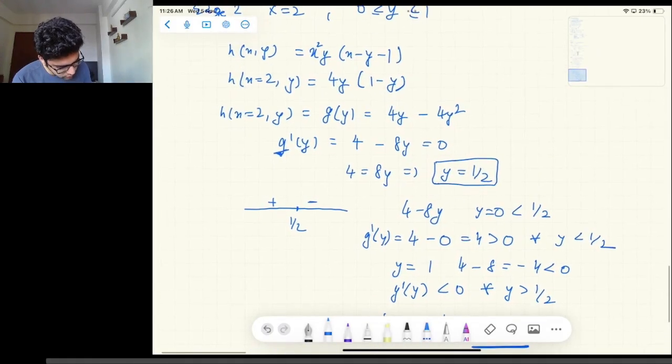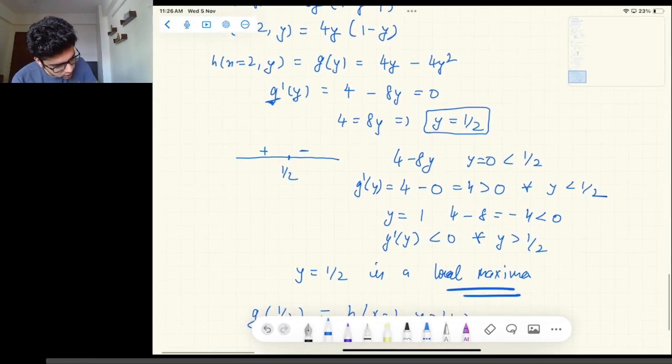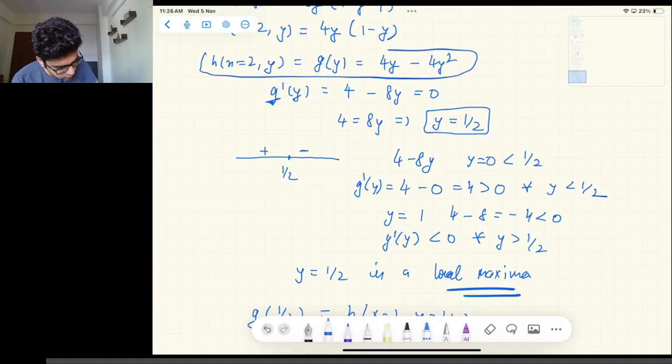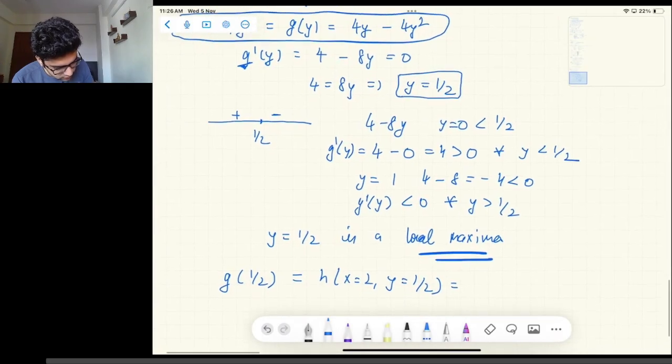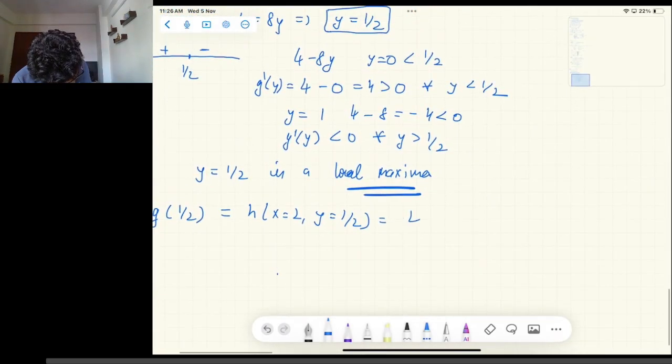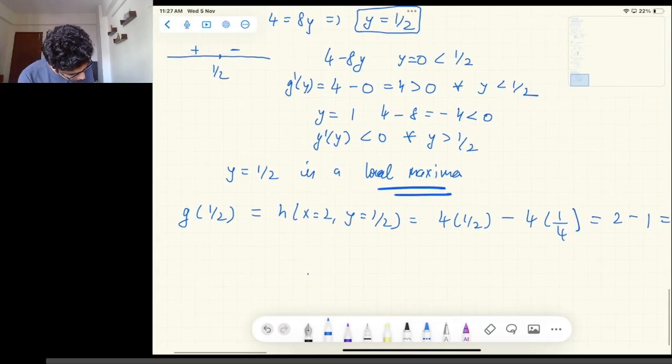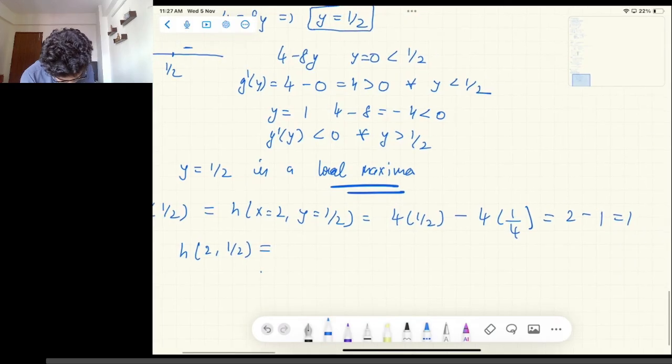Now if I substitute the values in this function, g of half will give me 4 into half minus 4 into 1 by 4. So this will give me 2 minus 1, which is 1. So my h of 2 comma half gives me 1.